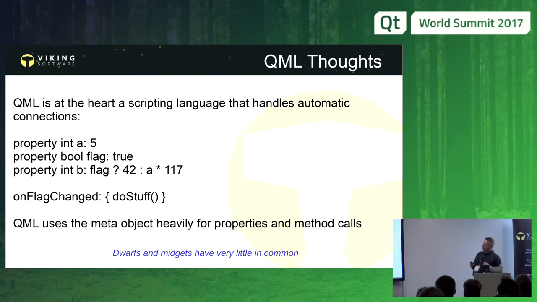I am also one of those guys who like QML. Some don't, some do. There are actually a bunch of us who like QML, and a bunch who do not.